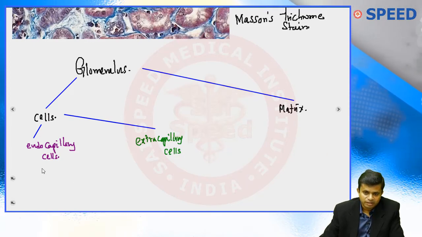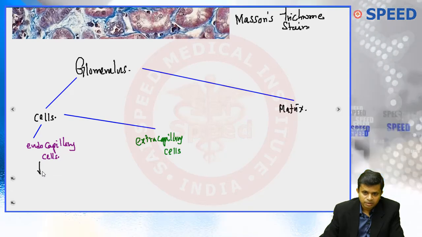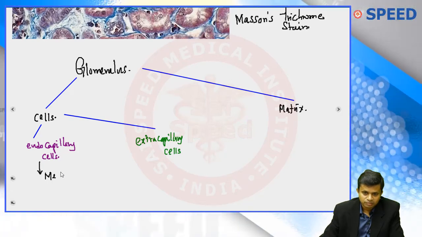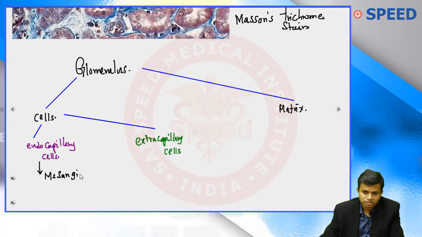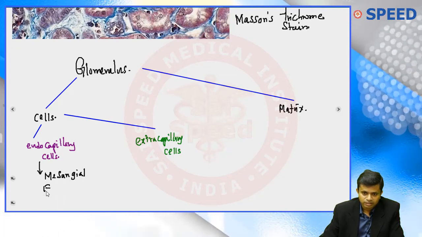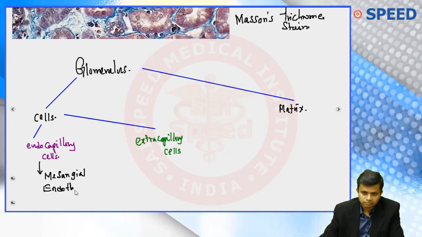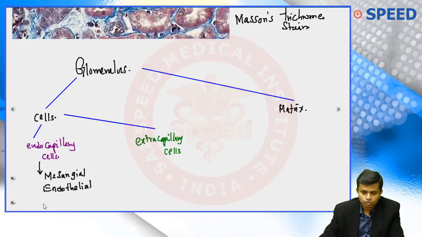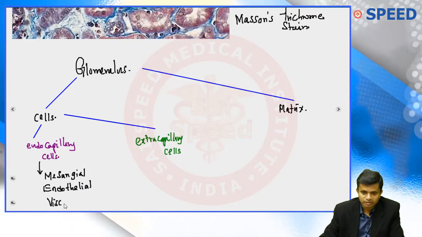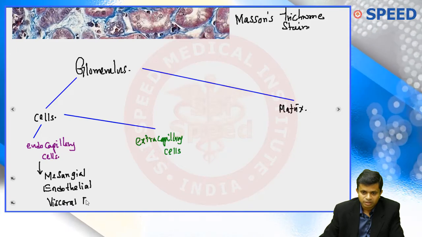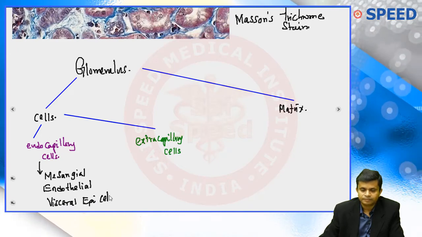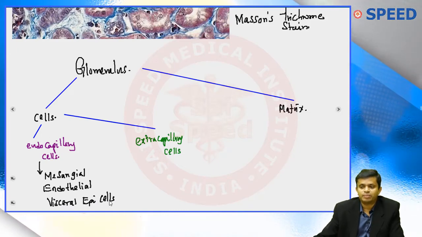The endocapillary cells are nothing but your mesangial cells, endothelial cells, and also your visceral epithelial cells. How about for the extracapillary cells?